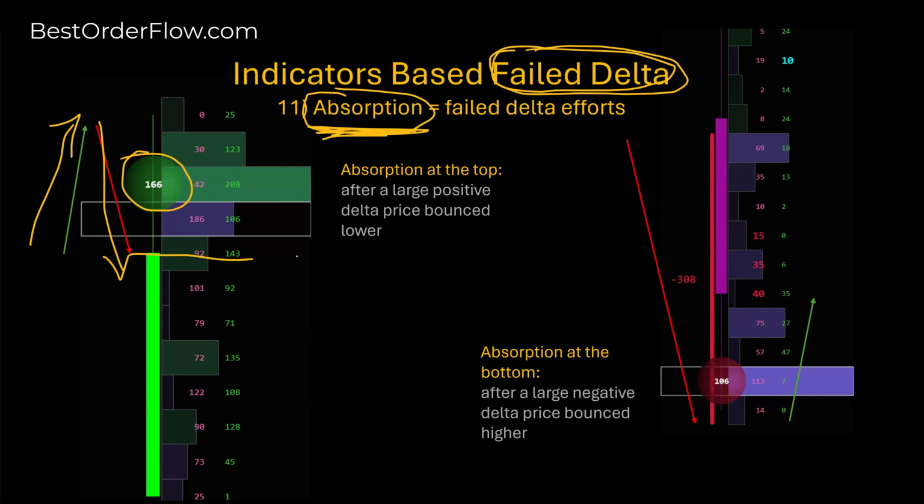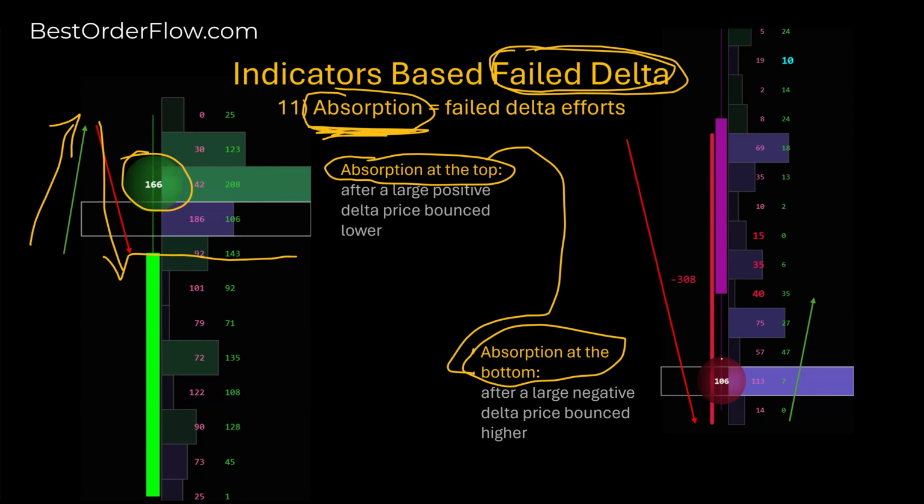Aha, now that's where the price exited. So the attempt was failing. Absorption usually happens at the extremes, at the top and at the bottom. There's one at the bottom, which is negative delta, trying to lower the price and failing, and the price exited in this bar over here.